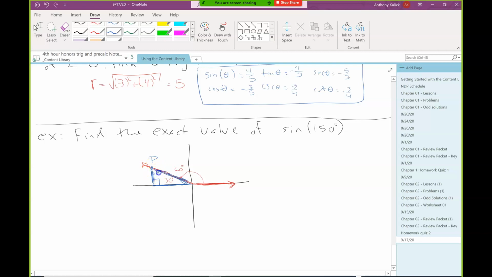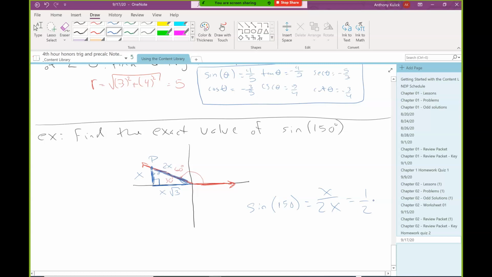So I know this other angle is 60 degrees. So this side is x square root 3, this side is x, and this side is 2x. So sine of 150 is going to be opposite over hypotenuse, or just 1/2.